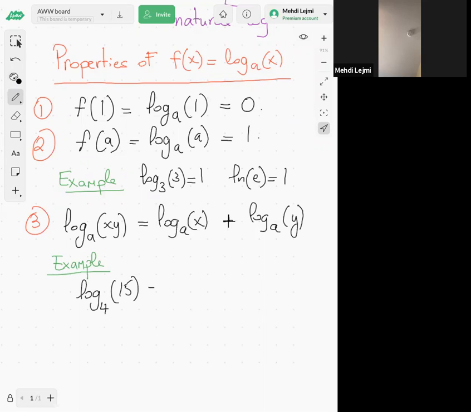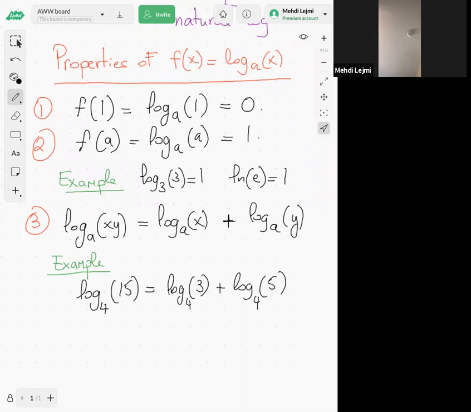That will be, because 15 is 3 times 5, log of 3 in base 4 plus log of 5 in base 4. Keep in mind, log of a product is the sum of the logs. Log of 15 is log of 3 plus log of 5 in the same base, of course.